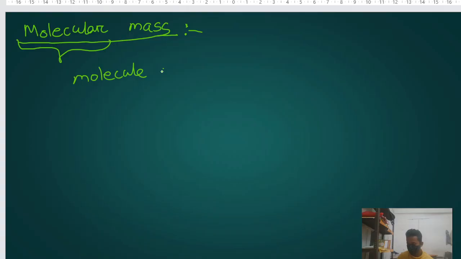In the previous lecture, we discussed atomic mass, in which we took the 1 by 12th mass of carbon as a reference. Here also we will take as a reference 1 upon 12th mass of carbon. First of all, let me write the definition for molecular mass.